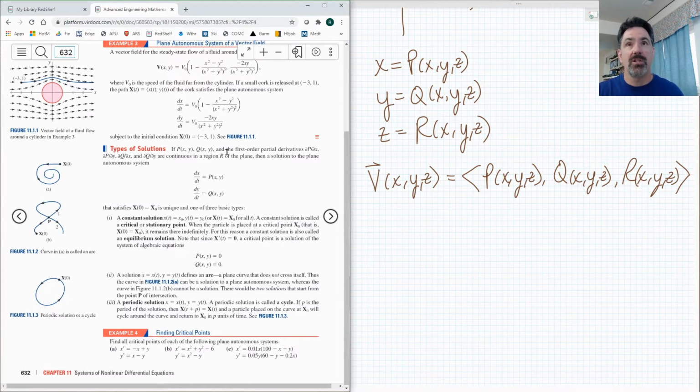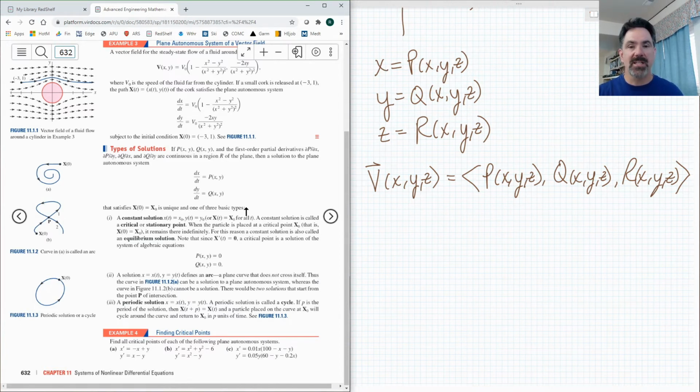If P, Q, and the first order partial derivatives, partial of P with respect to x, partial of P with respect to y, partial of Q with respect to x, and partial of Q with respect to y, are continuous in a region of the plane, that's the xy plane, then a solution to the plane autonomous system given by x prime equals P, y prime equals Q, that satisfies an initial condition, x at 0 equal to x naught, is unique. Moreover, we have one of the three basic types for the solution.